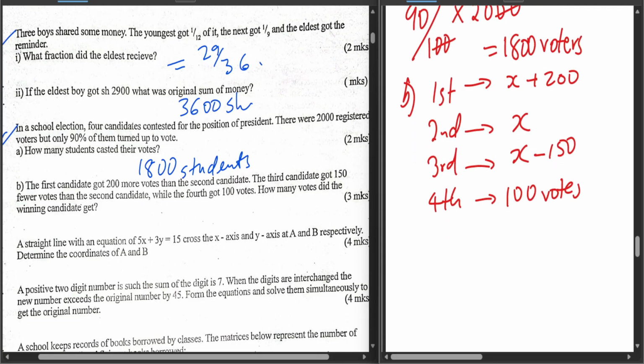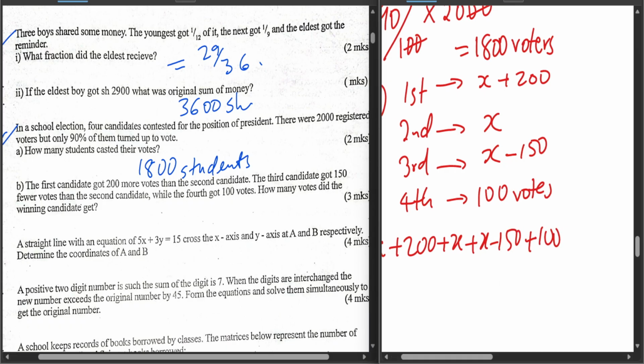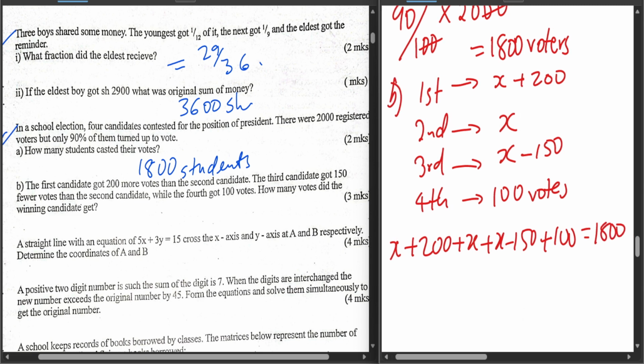If you add them up, it's going to add up to 1,800. So x plus 200 plus x plus x minus 150 plus 100 is going to give you a total of 1,800 voters. So x plus x plus x gives you 3x. 200 minus 150 is 50. 50 plus 100 is 150.